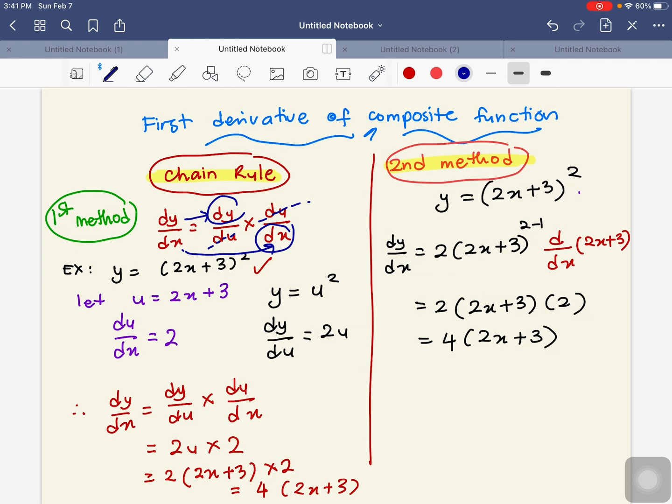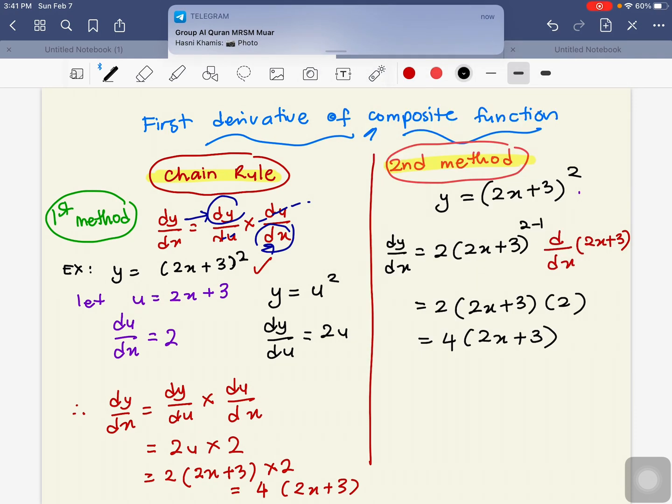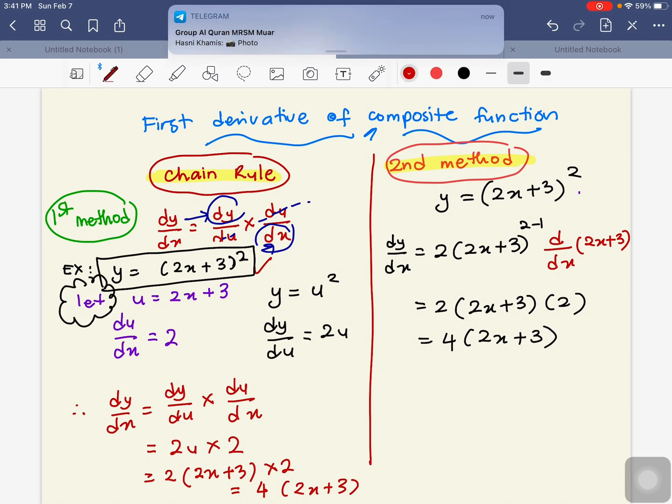Okay. So, in this case, apa yang I buat ni kuasa 2 tadi kan? So this is our function. Y sama dengan 2x tambah 3 power of 2. Okay, so we said that kita nak let U tu adalah orang yang di dalam kurungan ni, yang ada kuasa ni.